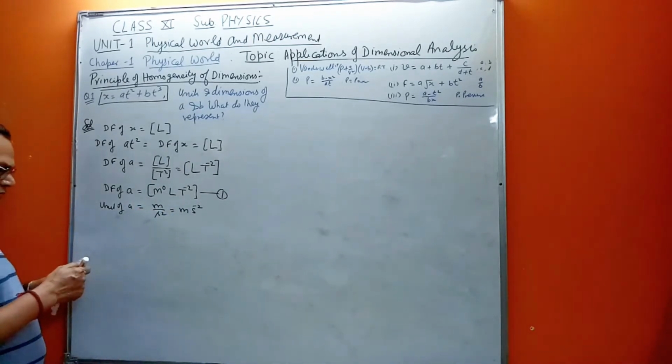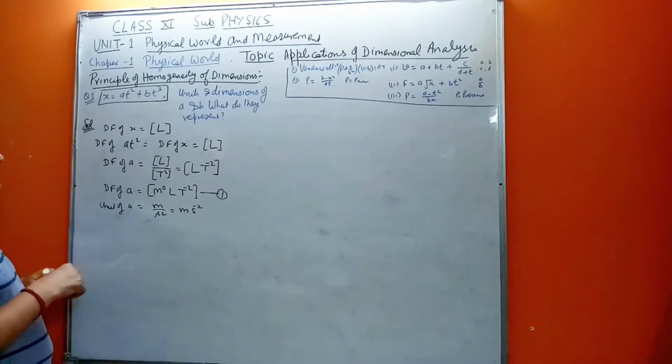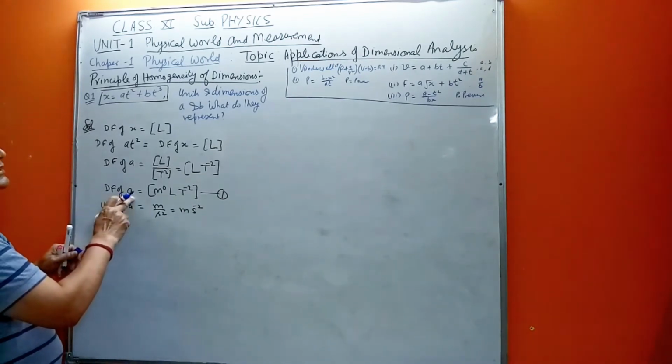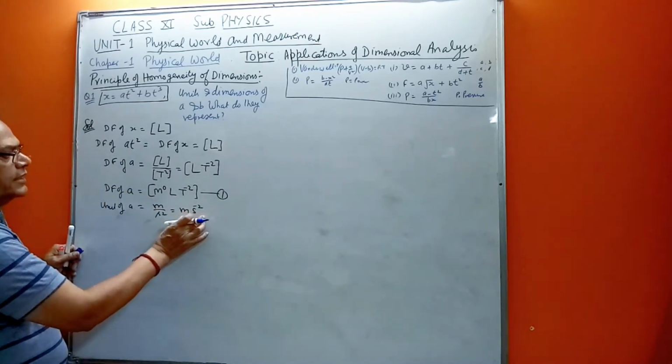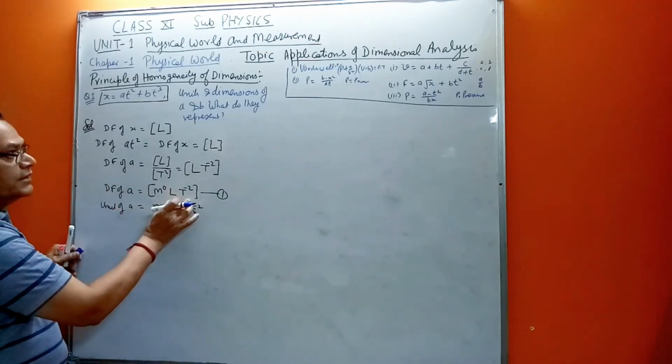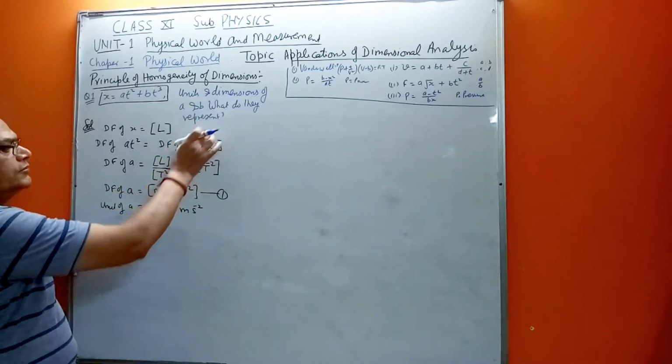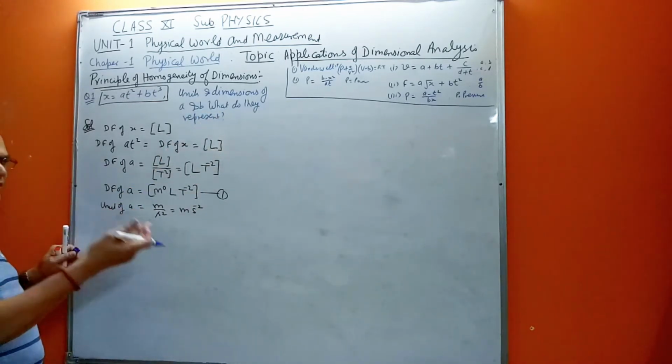Therefore we can conclude that as far as a is concerned, the unit of a is meter per second square, the dimension is LT minus 2, and it represents acceleration.